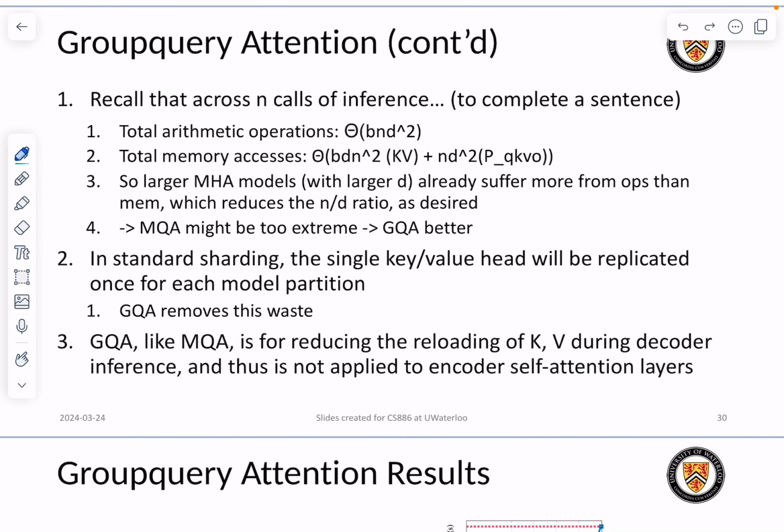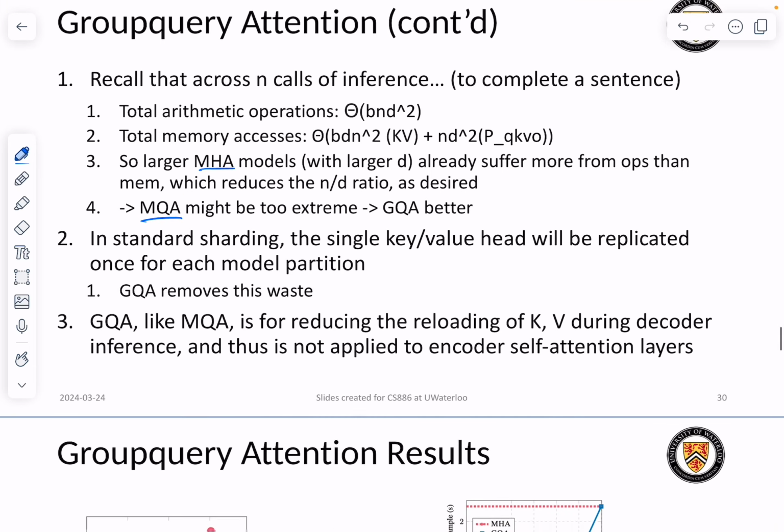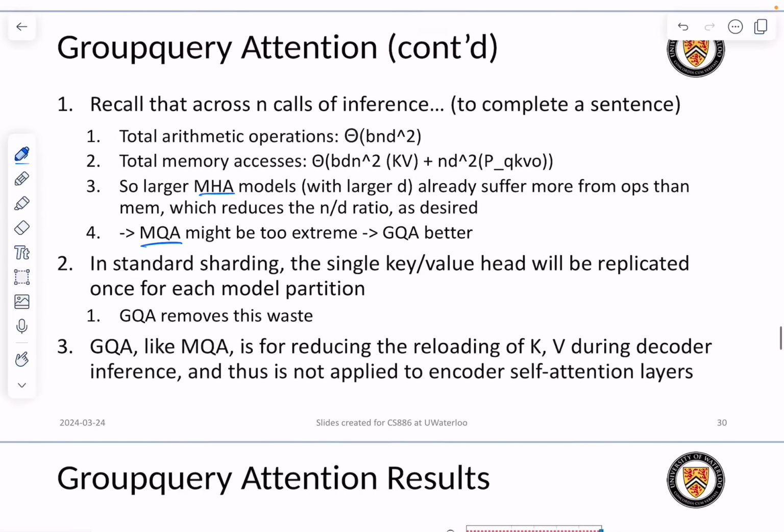Okay, so the benefits of group query attention. One is that it might be a natural trade-off between MQA and MHA, between performance and time. In terms of speed, it's going to be somewhere in the middle, and in terms of performance, it's also going to be somewhere in the middle, and it might be the best middle ground.